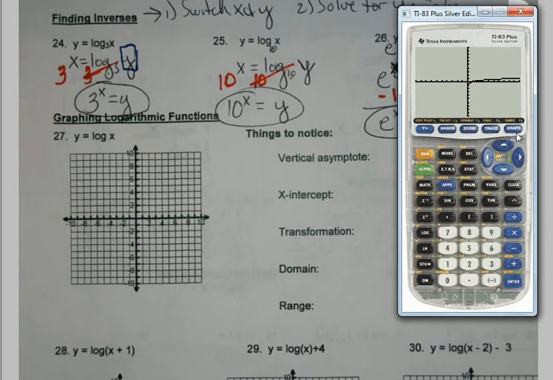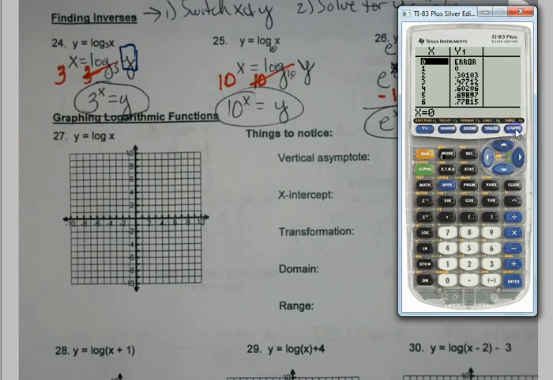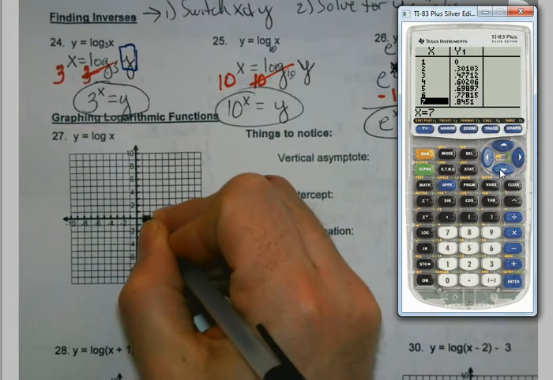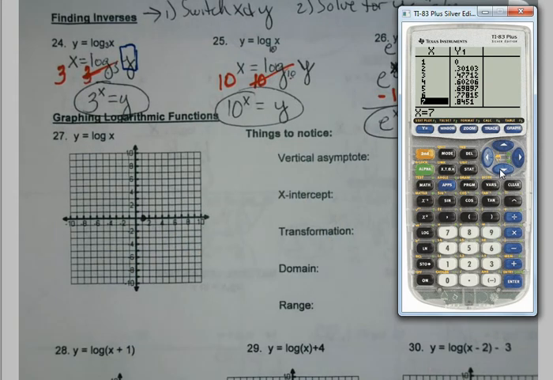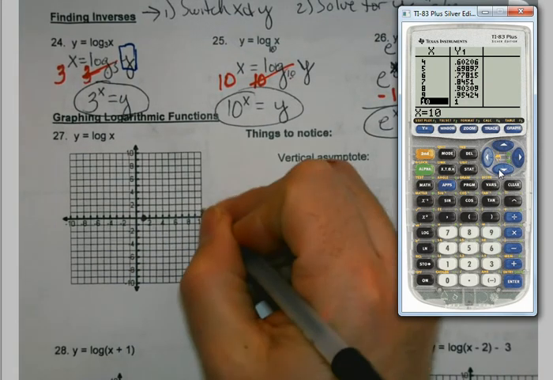Here are the things that I want you to notice with this. If I go to my chart, you might ask, what does this error mean? It means the graph doesn't go that far. So I've got one at (1, 0), and then all these decimals, and then I see one out at (10, 1).